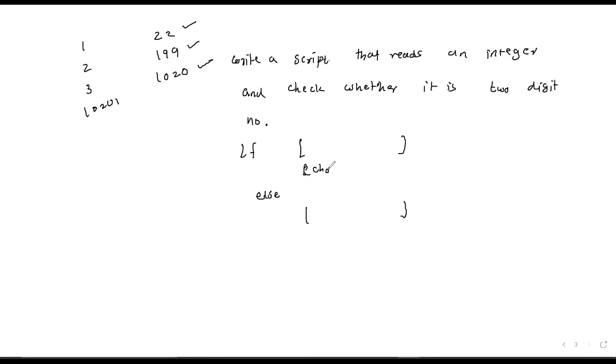So we echo it is a 2-digit number. If this condition is not satisfied, then we write the second action, echo. What is the second action? It is not a 2-digit number.